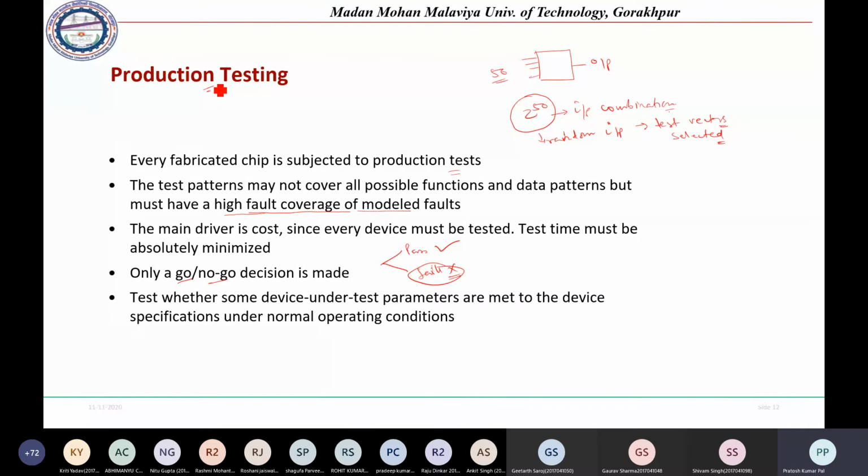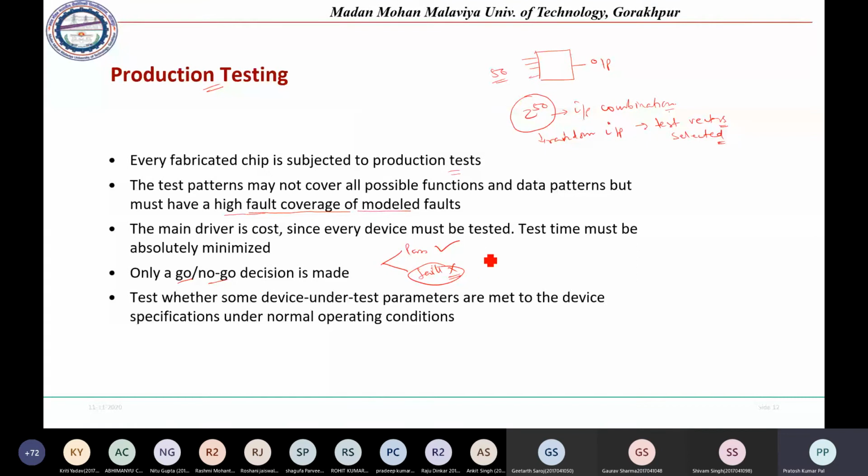But before production, if we are going for testing, then we can go to the previous step and change some device specification or whatever steps we are following, and changing those steps can affect the output.